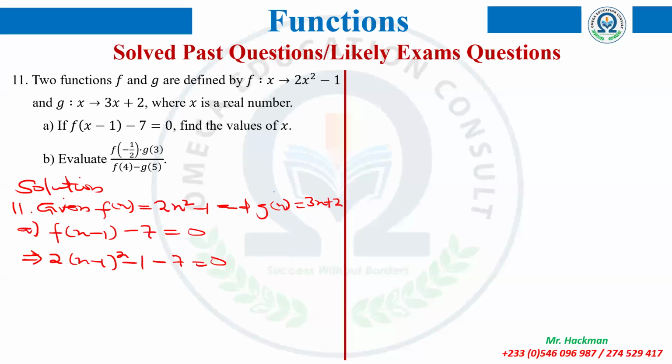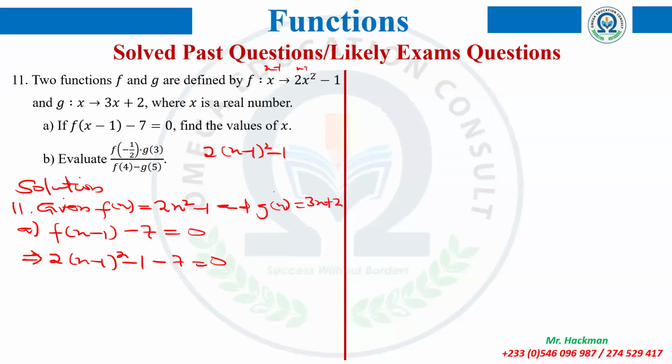Please come again. All right. Okay, so this is it. Once you know f of x, if you are asked to find f of x minus 1, you know that that will give you 2 into x minus 1 all squared, then minus 1. This is now x minus 1, which will also be x minus 1 squared.